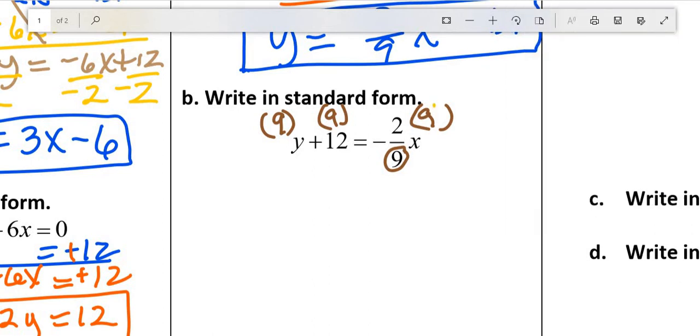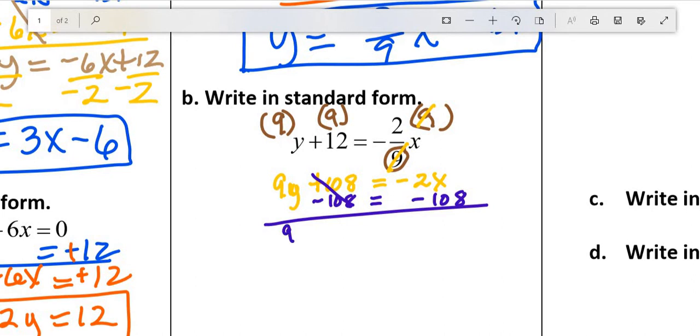The 9s will cancel out right here. 9 times a negative 2 divided by 9 will still give you a negative 2. 9 times y is 9y. 9 times 12 is 108. And then I have a negative 2x. But remember, you have to get the x and the y on one side. So the first thing I'm going to do is move the 108, and it becomes a negative 108 on this other side.